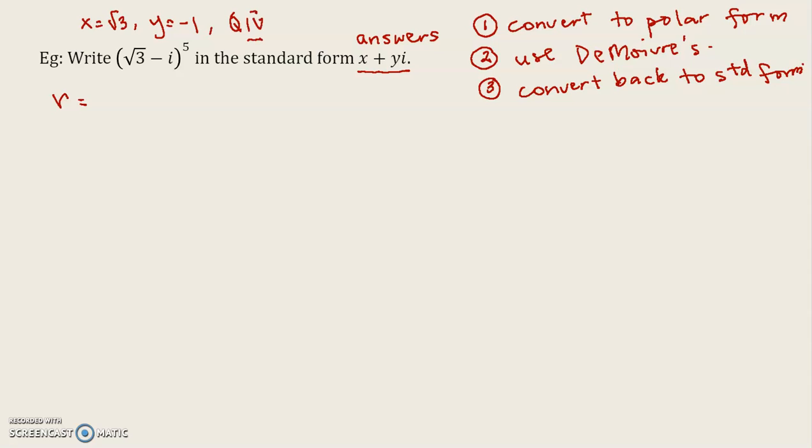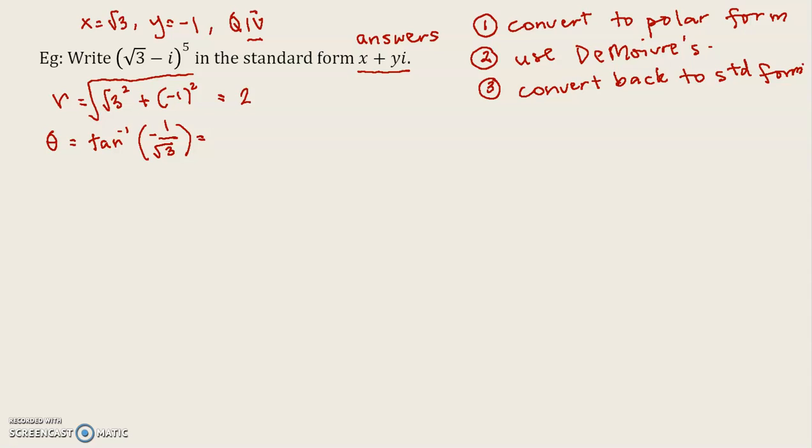So we determine the quadrant first. Then find the modulus. That will be 1 squared plus -1 squared under the square root, so 3 plus 1 is 4, and the square root of 4 is 2. And then find the argument. That would be arctangent of -1 over square root of 3.